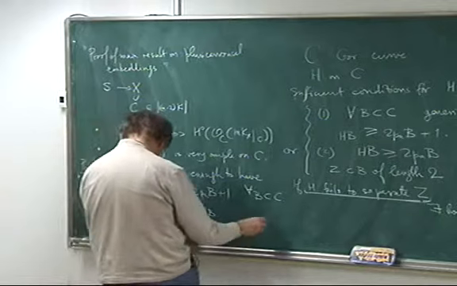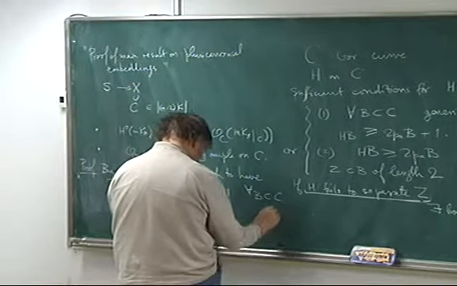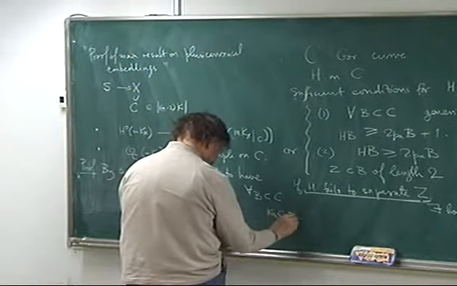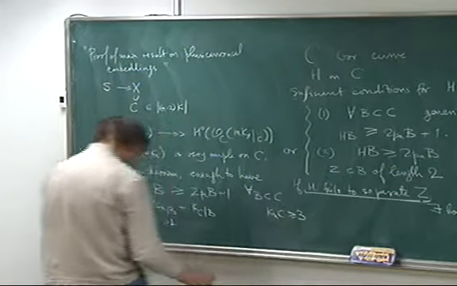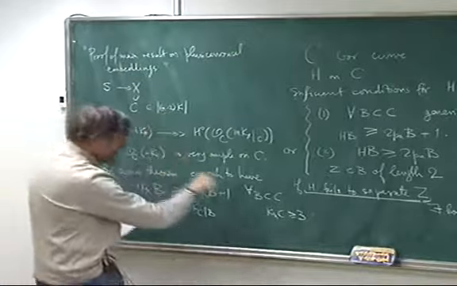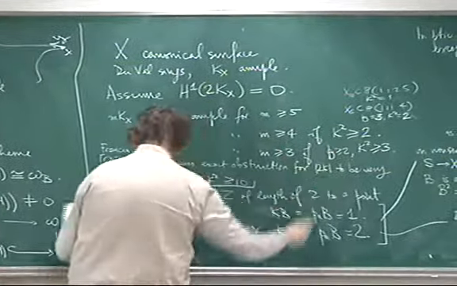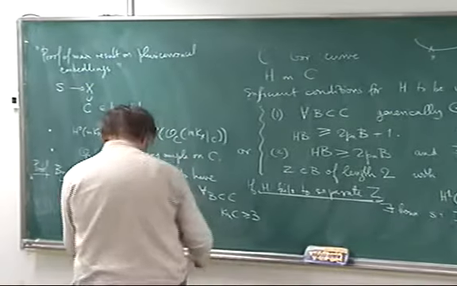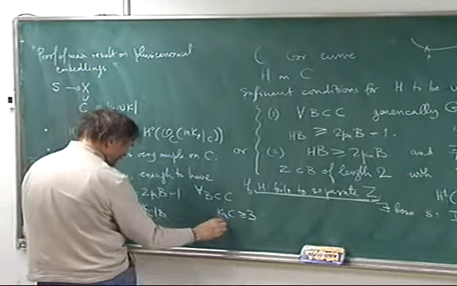So what I want is apparently KX times C greater than or equal to 3, which we're going to get by assumption, by these assumptions in the different cases. So that's in the case that B equals C.